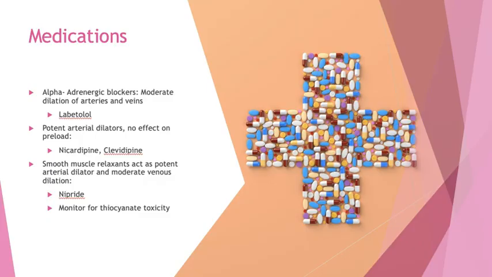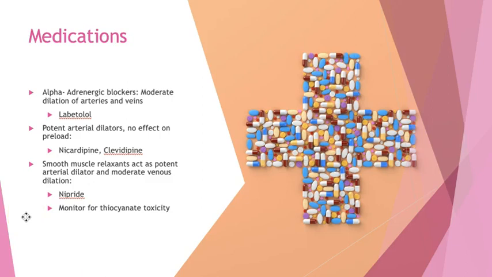Typically, these patients will be maxed out on vasodilators to control the blood pressure, and it'll still be tough to get it under control. So alpha adrenergic blockers will give you moderate dilation of arteries and veins. Labetalol, so we'll have potent arterial dilators with no effect on preload. That's nicardipine, clevidipine. Those are calcium channel blockers.